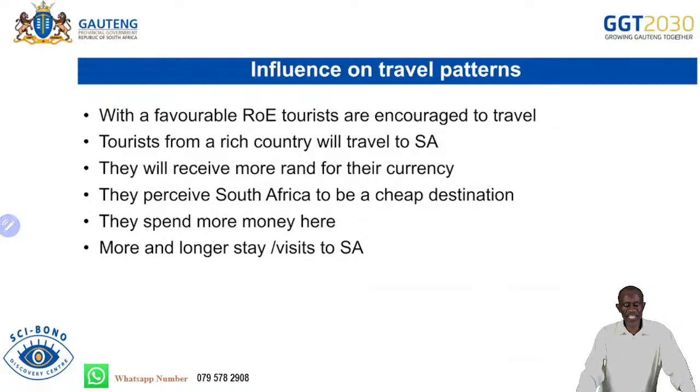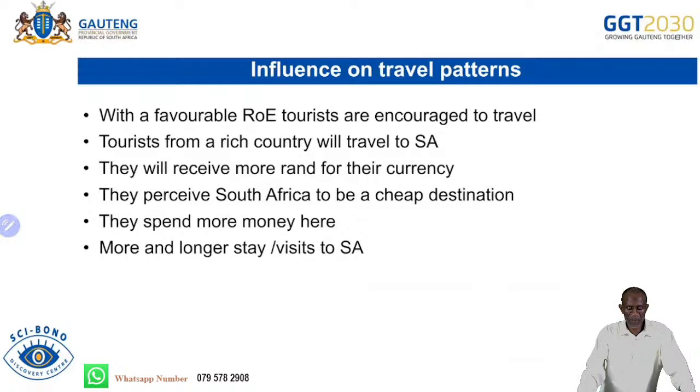The influence on travel patterns. With a favorable rate of exchange, tourists are encouraged to travel. So when the rate of exchange is cheaper and favorable, then people are encouraged to move and experience the world.